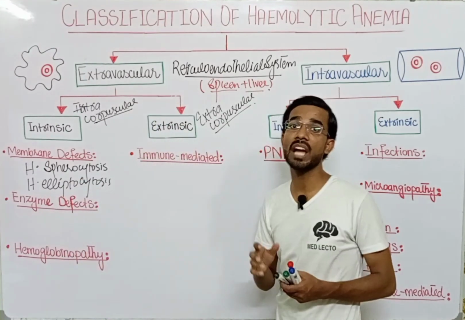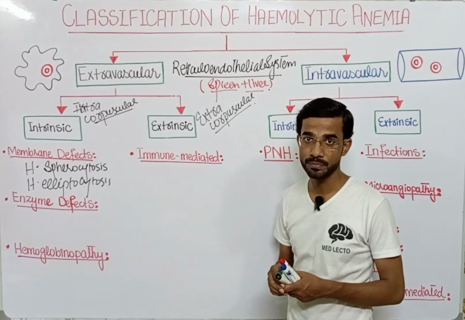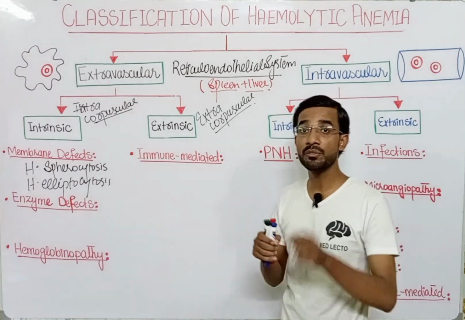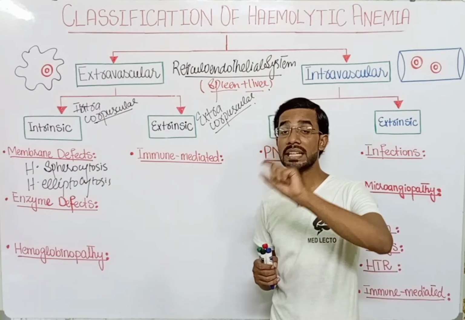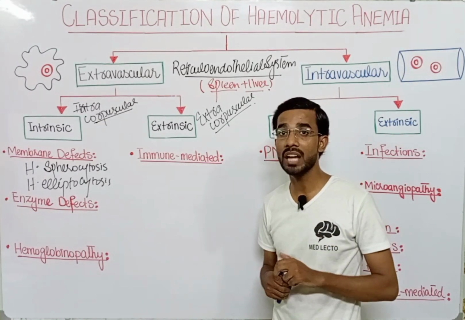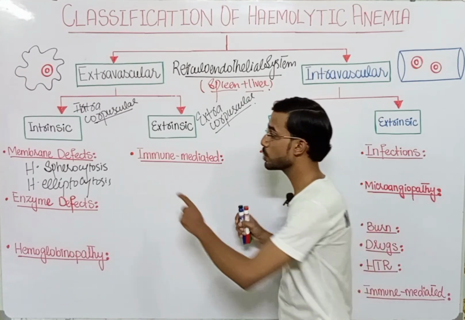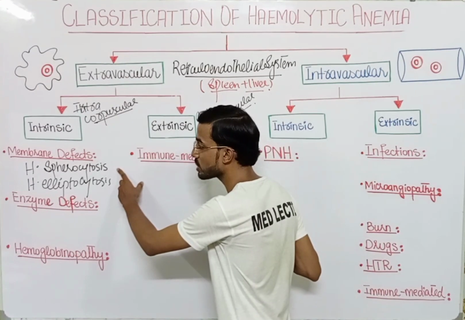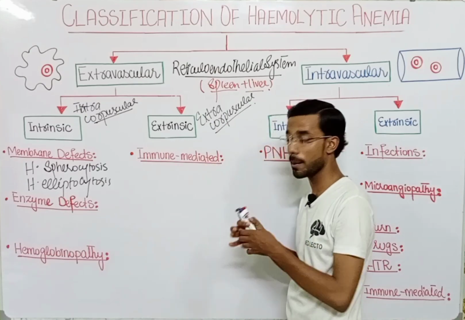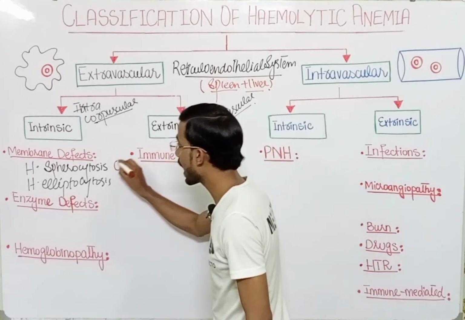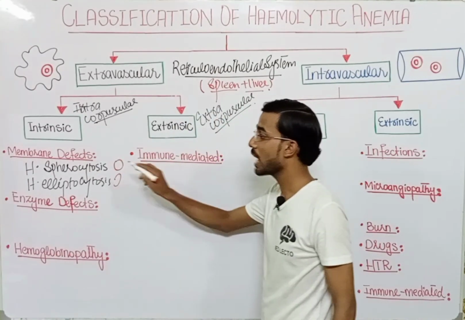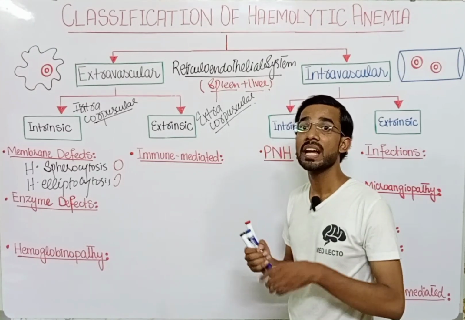Normally the shape of the RBCs is biconcave, but whenever the different proteins that maintain the cell membrane of the RBCs are defective, you will see two important conditions: spherocytosis, in which the RBC shape becomes spherical, and elliptocytosis, in which the RBC shape becomes ellipsoid.